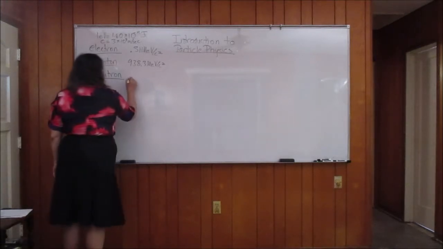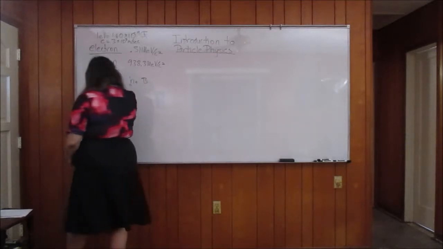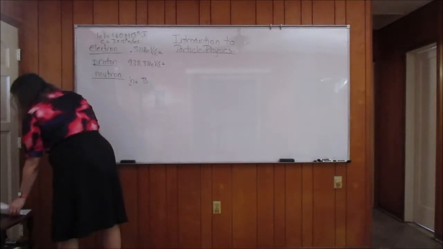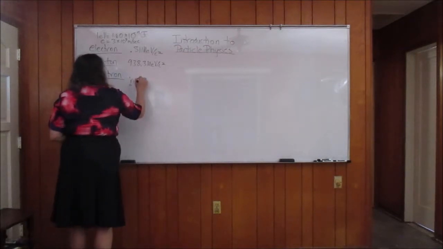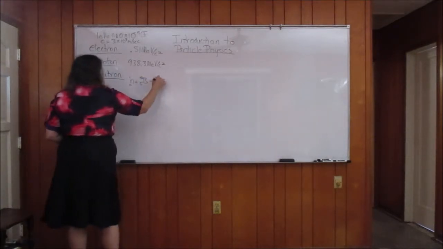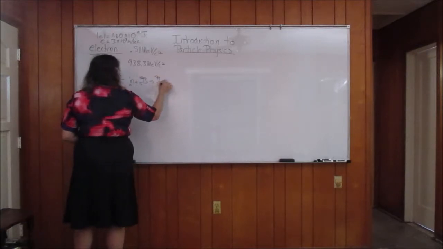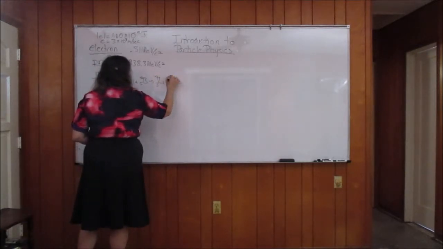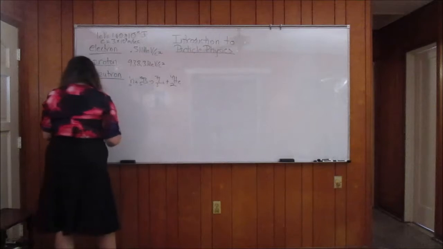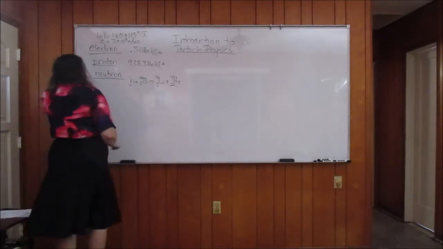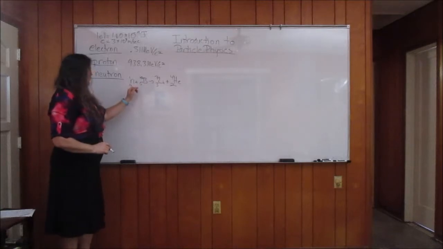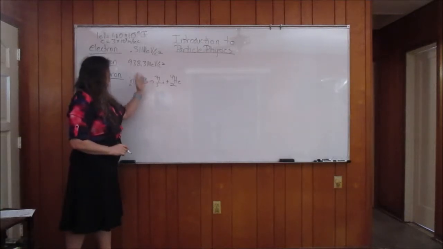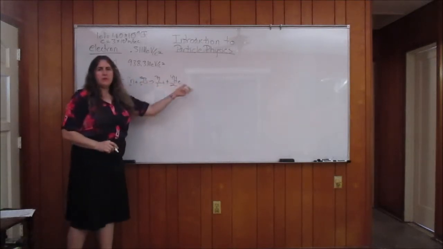So you have this kind of a reaction taking place: a neutron reacts with boron, producing lithium and an alpha particle.